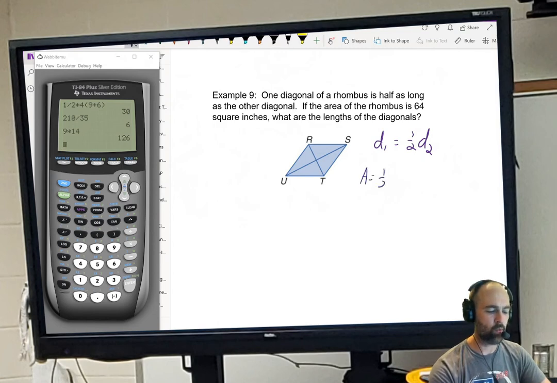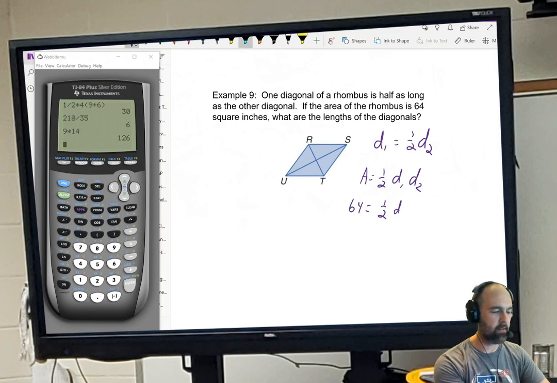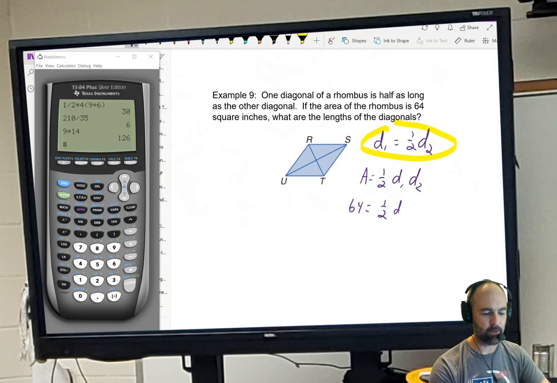Area equals 1/2 D1 D2. Now let's plug in what we know. Area is 64 equals 1/2 diagonal. Now we said that diagonal 1 was 1/2 diagonal 2.